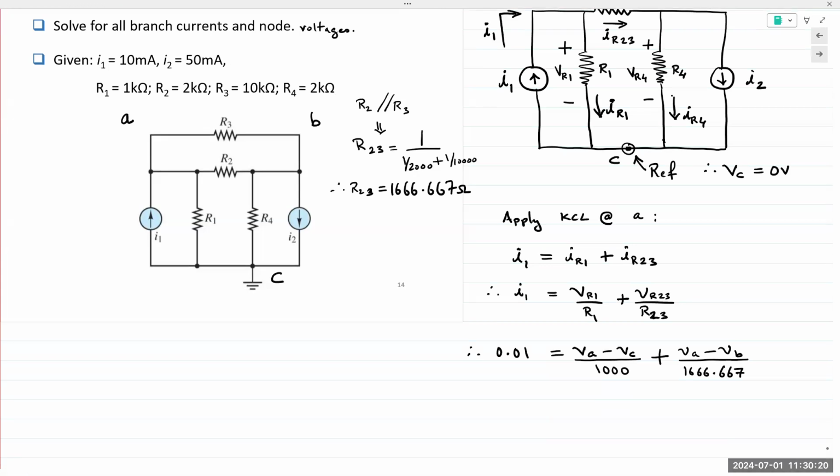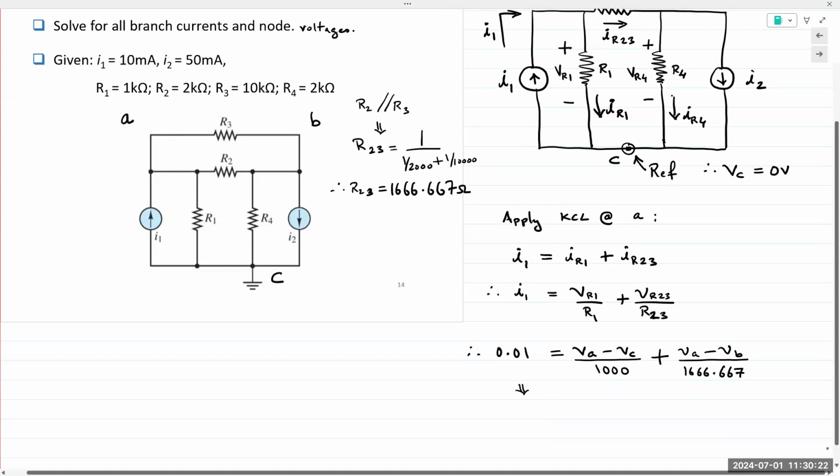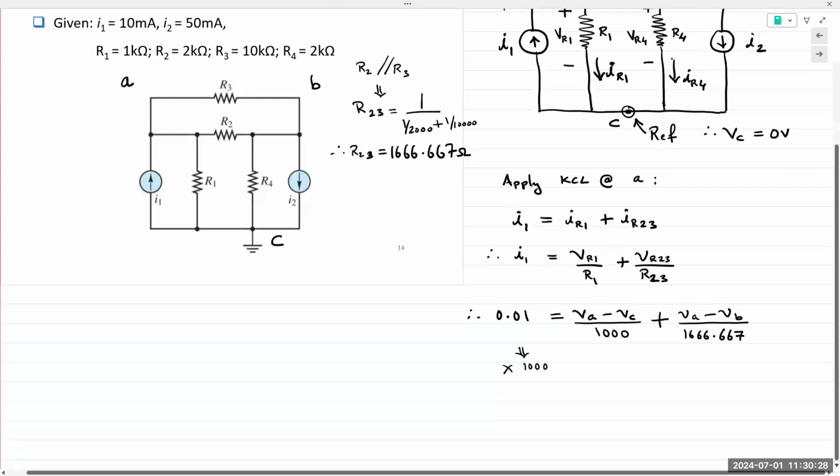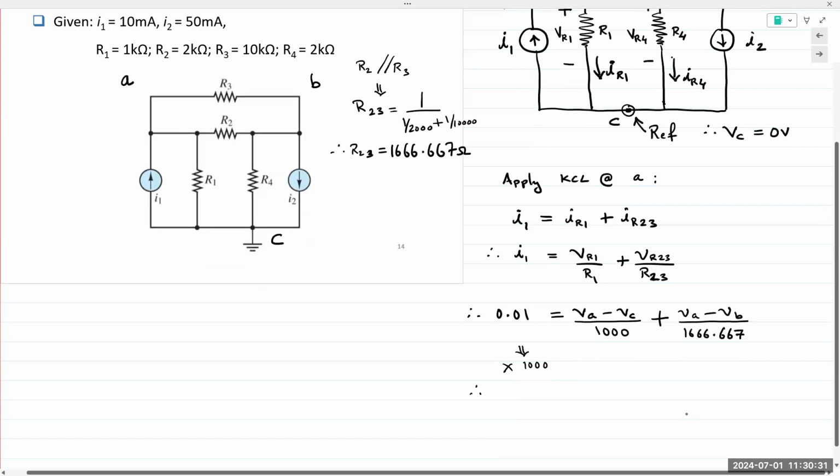Now, after this step, I'm going to multiply the entire equation by 1000. I'm going to remove the denominators, and so I will obtain VA minus VC, and this is VA minus VB.